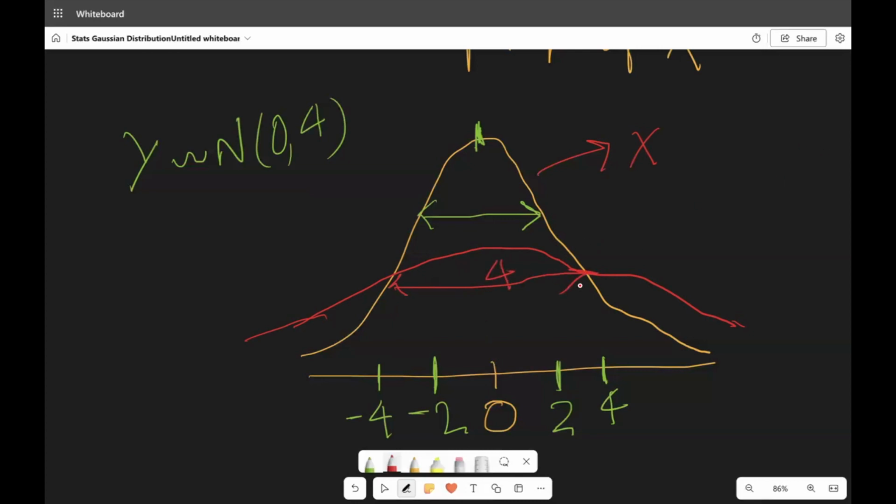So y is fatter and shorter because y has a higher variance than x. Variance basically talks about spread. So this spread is much more than the spread of the random variable x. This is my random variable y and this is my random variable x. Having understood this, let's go into some more mathematical details of the Gaussian distribution. We have seen the graphical part of it. We have understood the bell-shaped curve.